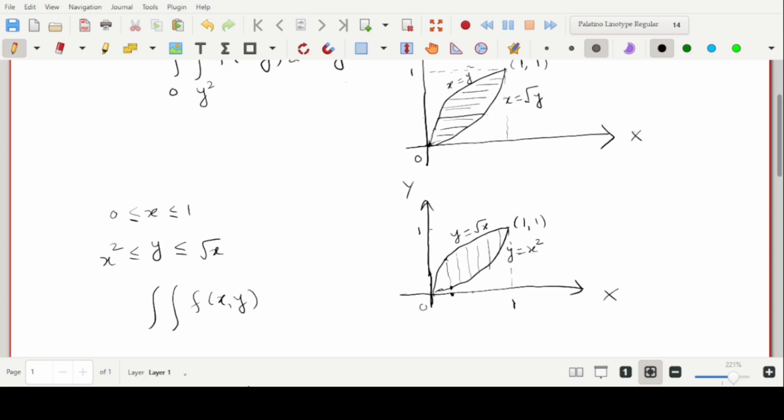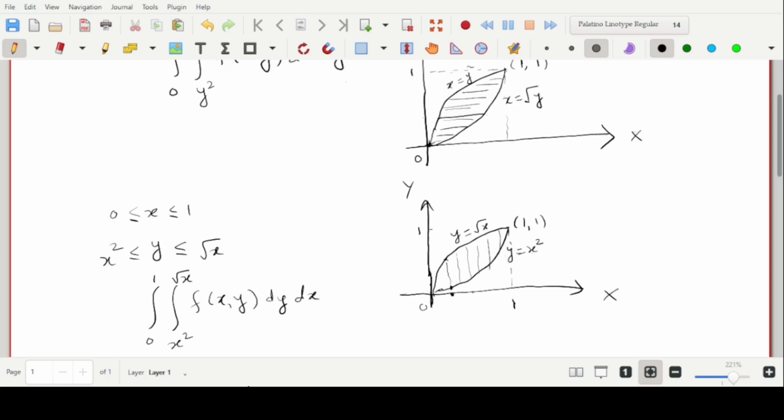Now first we shall be integrating with respect to y. The limits of integration are x square and square root of x, and then we shall integrate with respect to x, wherein the limits of integration with respect to x are 0 and 1.